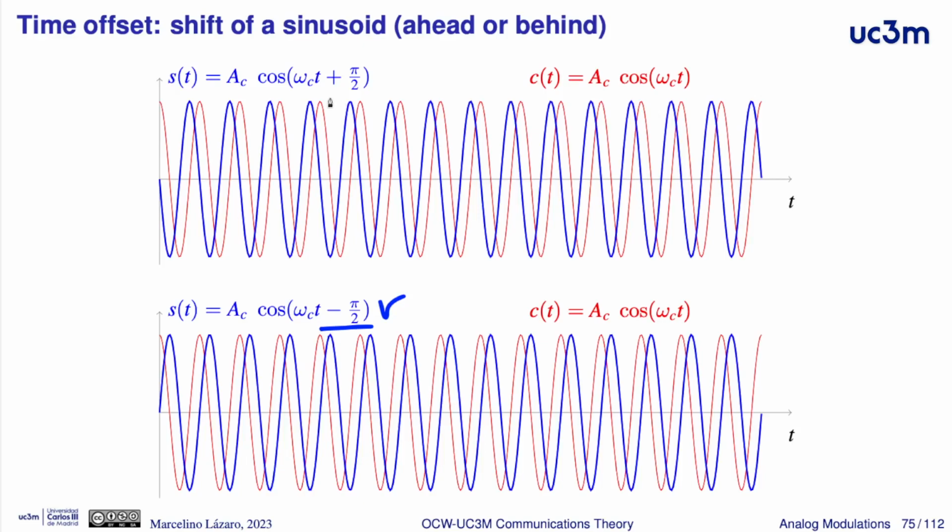So, positive phases will produce a negative delay. The blue signal will be ahead of the carrier, and negative phases here will produce a delay. The blue signal will be behind the carrier.